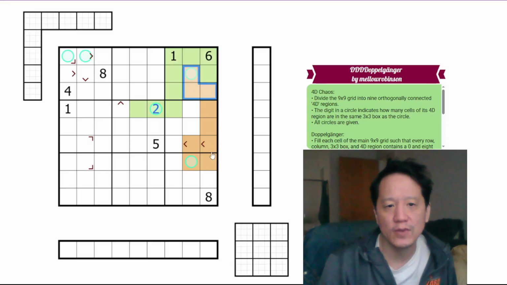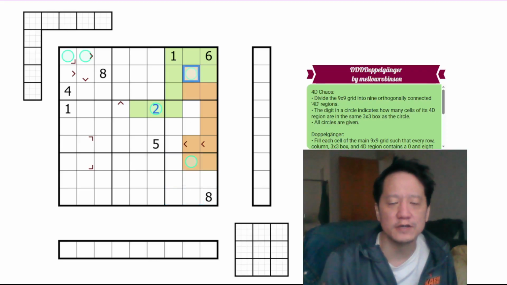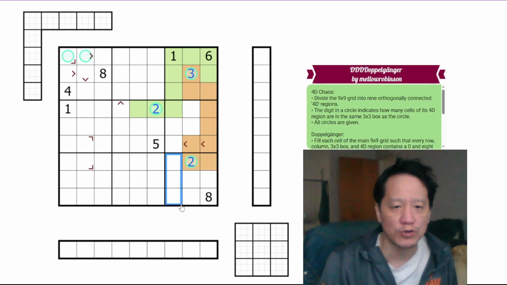This would be 2 in this case, because this cell has 2 cells which are in the same 4D region as it, in the same 3x3 box. And that's an example of how circles work in this puzzle.